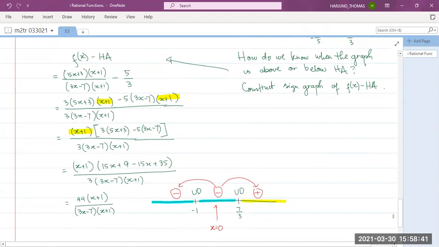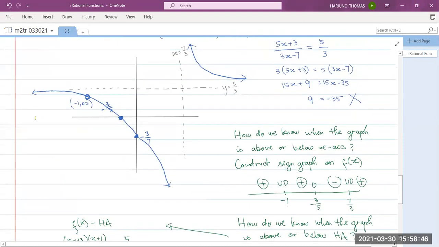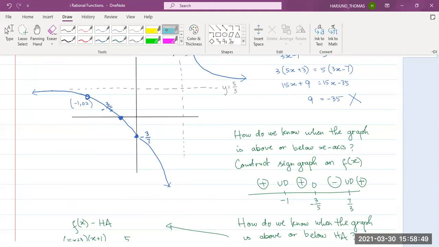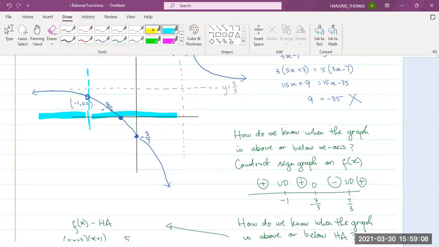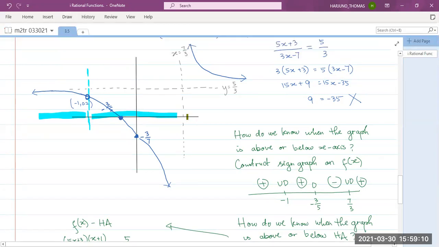Between -infinity to -1, it's below horizontal asymptote. Between -1 to 7/3, it is still below horizontal asymptote. And then from 7/3 to positive infinity, it is above horizontal asymptote.